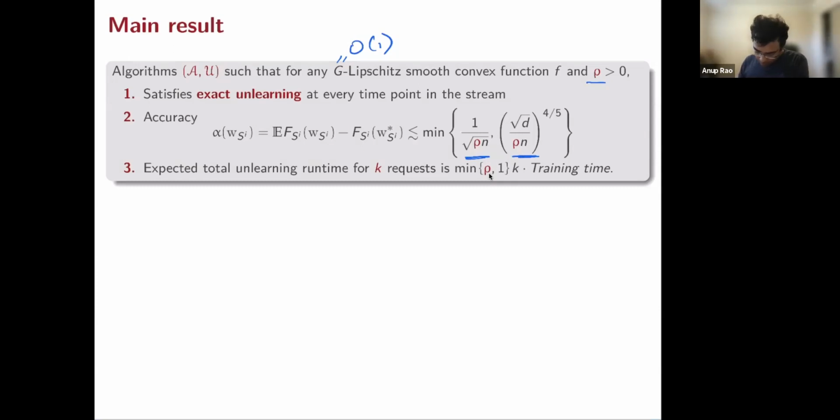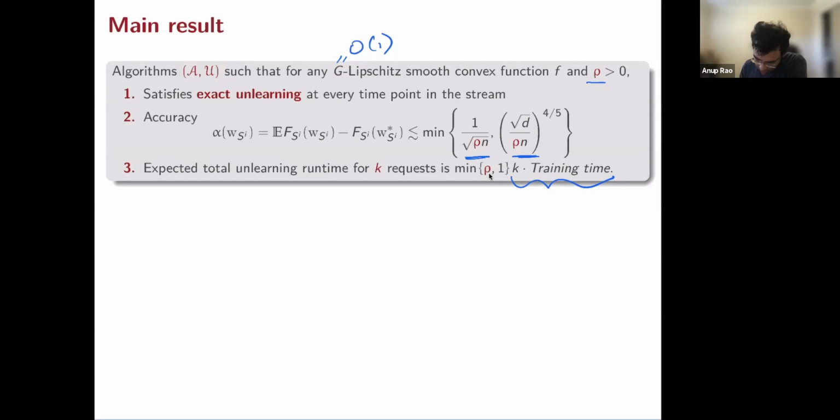And finally, the unlearning runtime. So if we get K requests, the baseline that we have is just retrain every time. And that would take K times the training time, since we have to train K times.